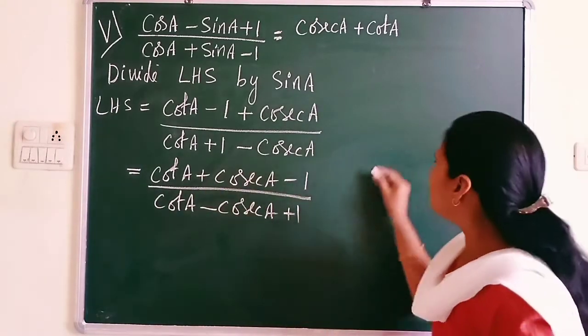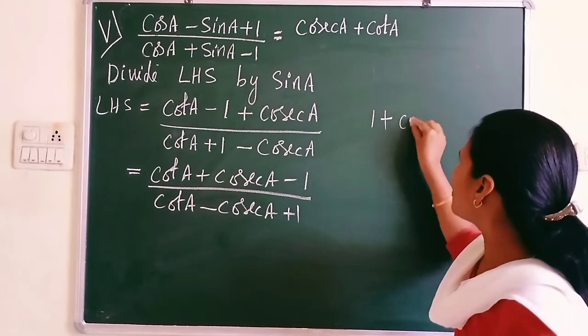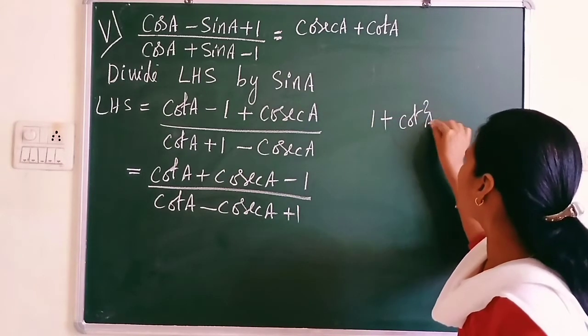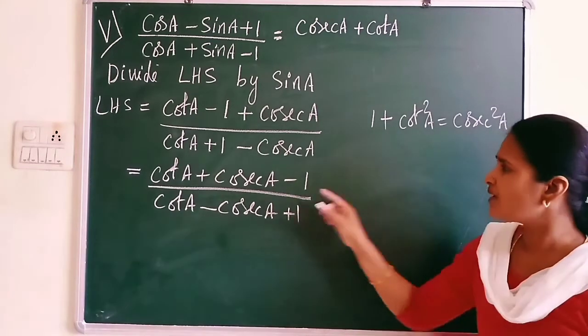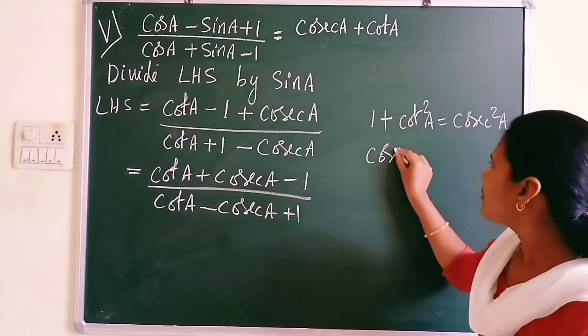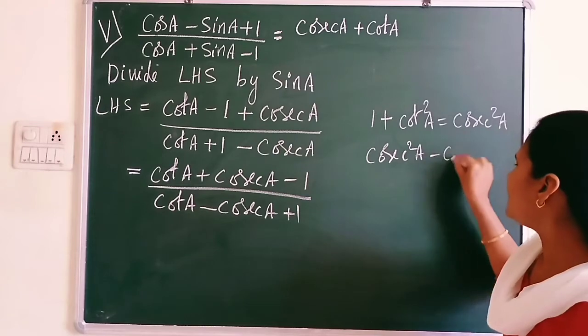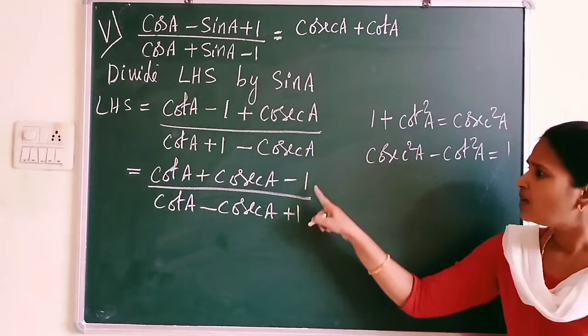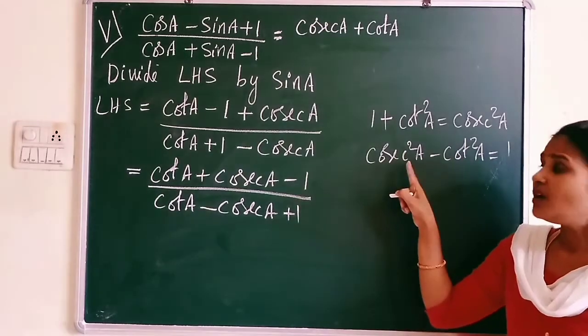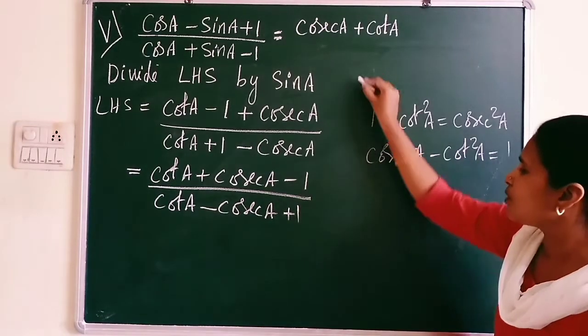Just recall, we know that 1 plus cot square a equals cosec square a. Now you can rewrite this as cosec square a minus cot square a equals 1. So this 1 can be written as cosec square a minus cot square a.